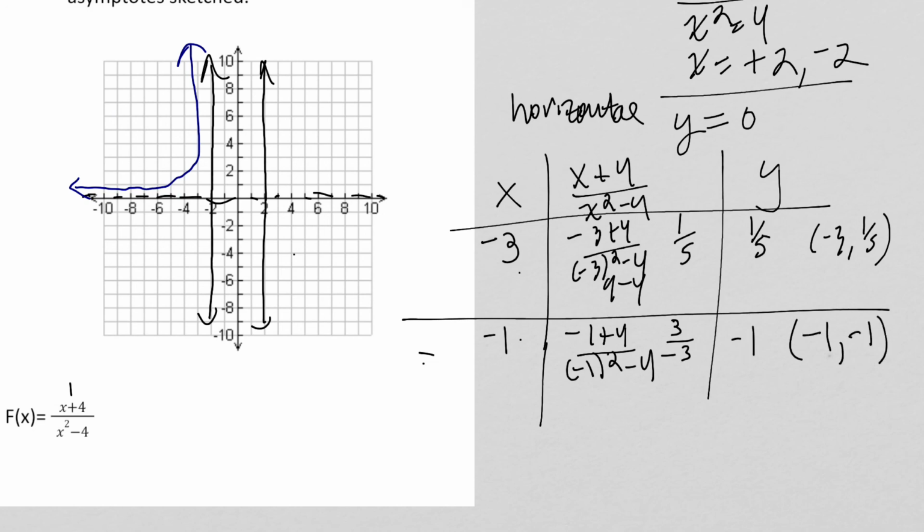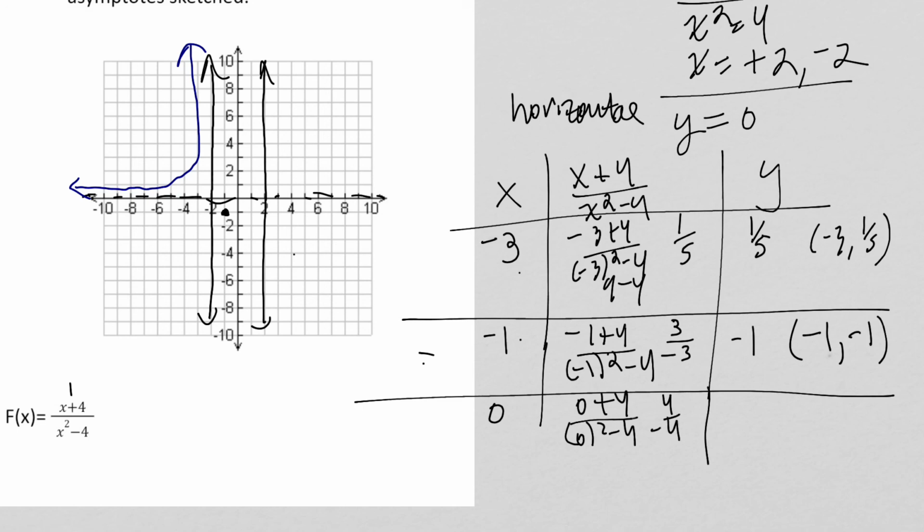So it's down in this area here, right? What is it when x is 0? 0 plus 4 over 0 squared minus 4. That's 4 over negative 4. So that's negative 1. So 0, negative 1. So it seems to be in this area here.